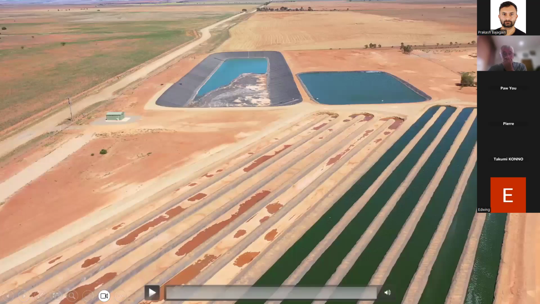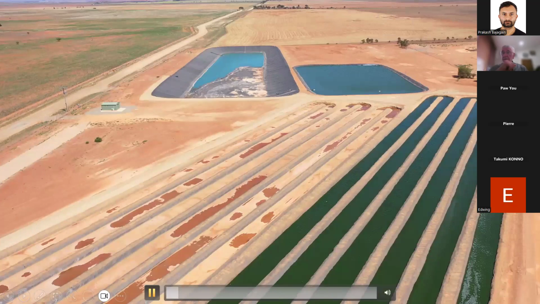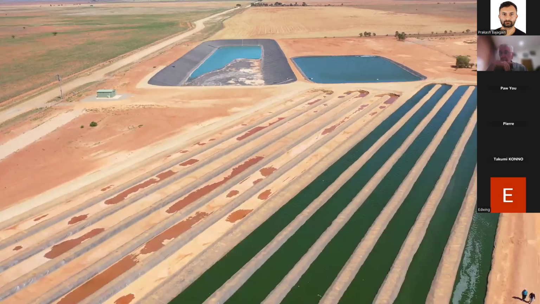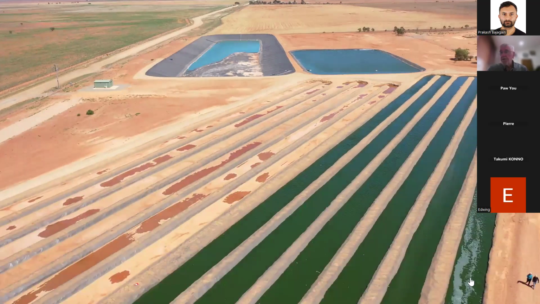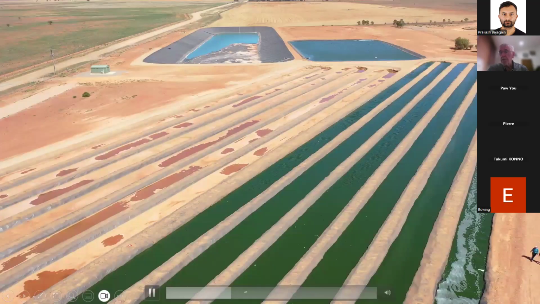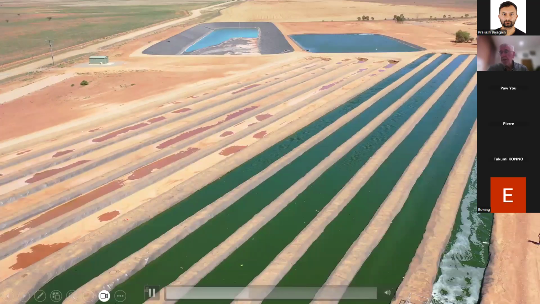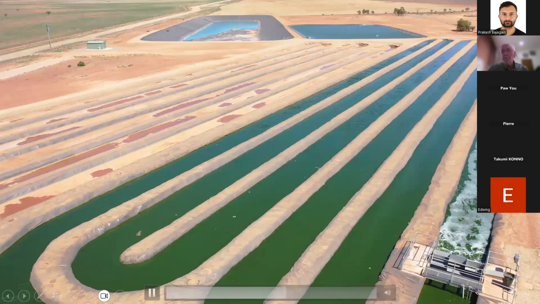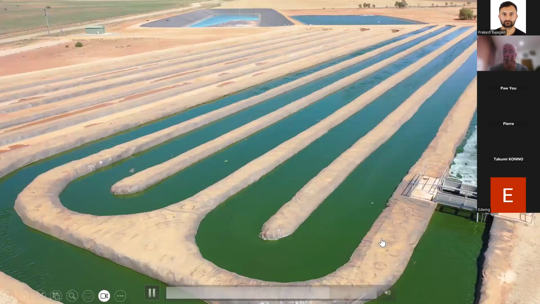And then this is it now as it currently looks in terms of size. So these channels are 170 meters long, each channel, and they're mixed by a single paddle wheel in this meandering channel design, and you can see it's really quite green at the time of this drone footage.